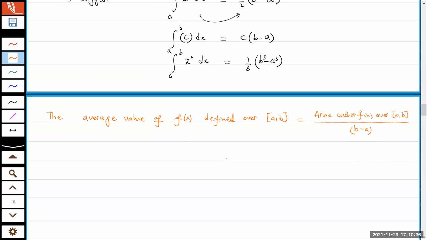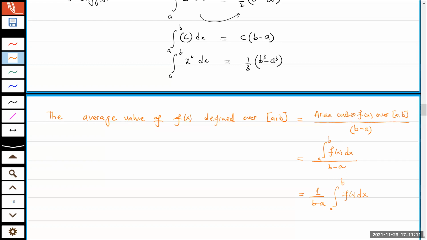But now I have a better notation for the area under the graph of f of x over the interval a comma b. With our notation, now we can write the integral from a to b of f of x dx divided by (b minus a). Or the way we mostly write it is 1 over (b minus a) times the integral from a to b of f of x dx. Okay. So this is how we calculate the average value of the function.